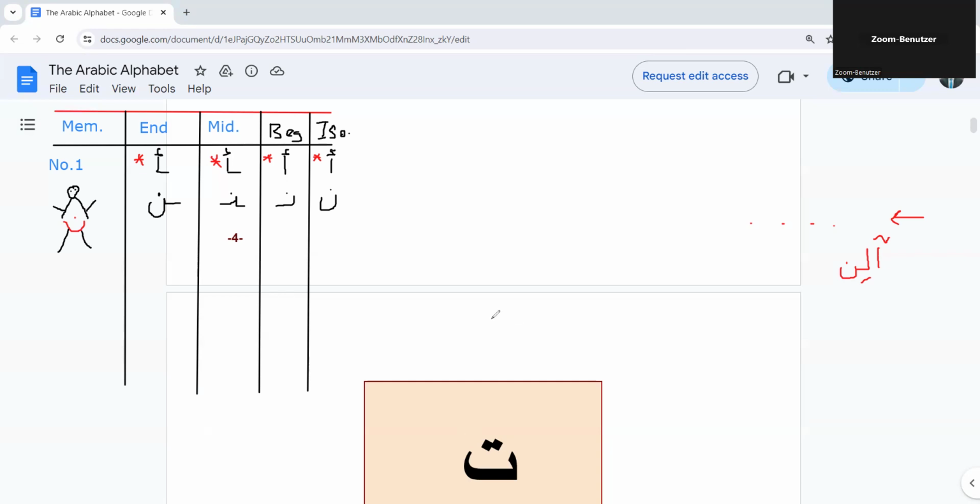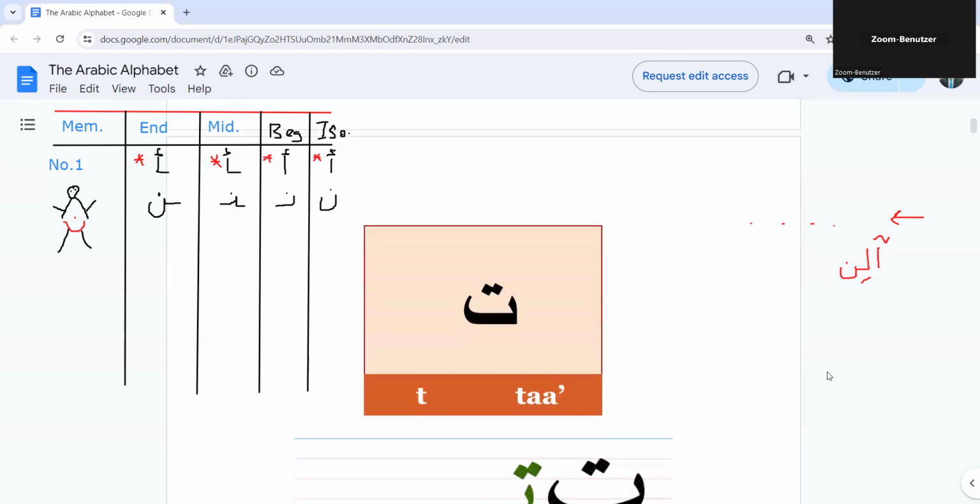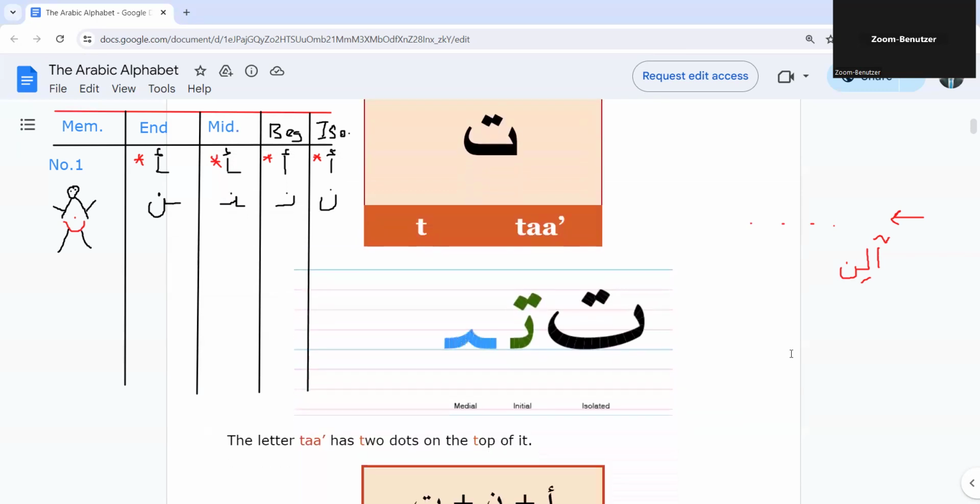So let's write that down. This is how we draw it. It's another boat shape. In the isolated form, the t looks like this. In the beginning, it's the same boat shape of the noon, but it has 2 dots on top.